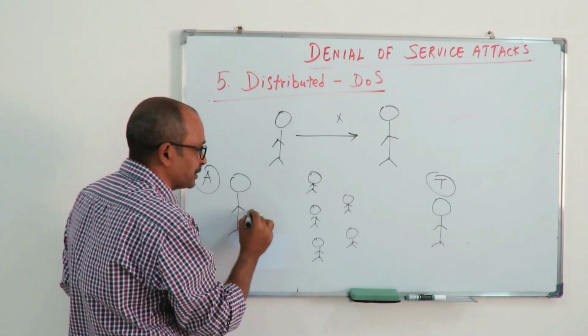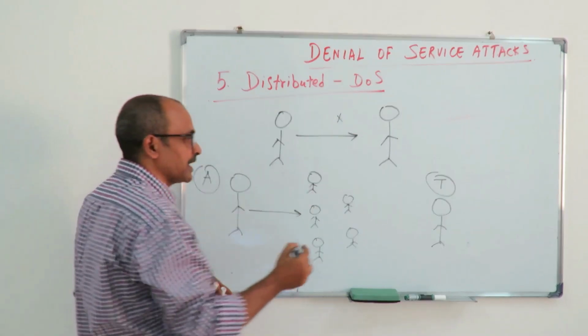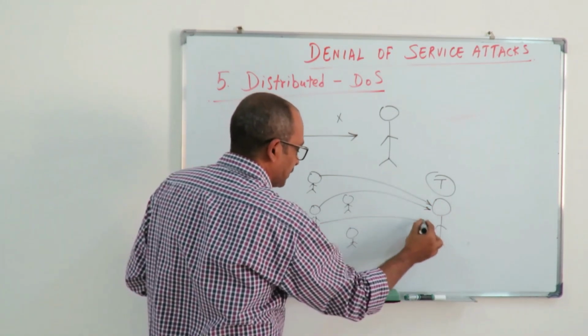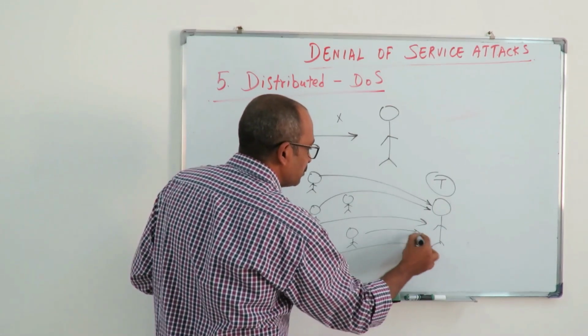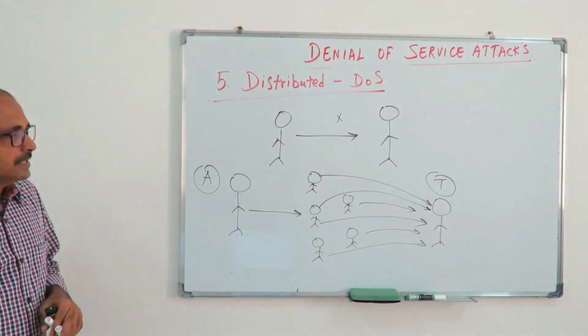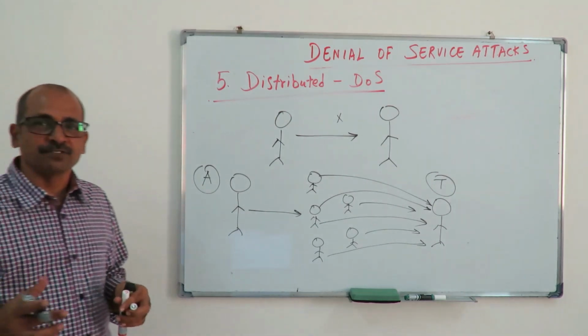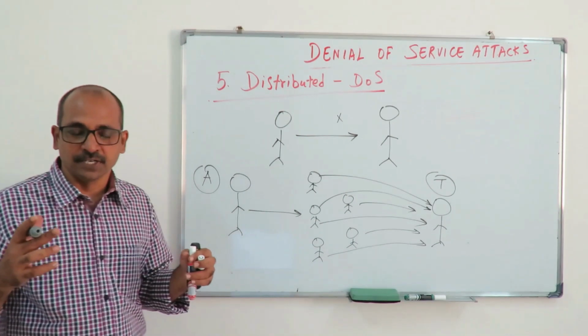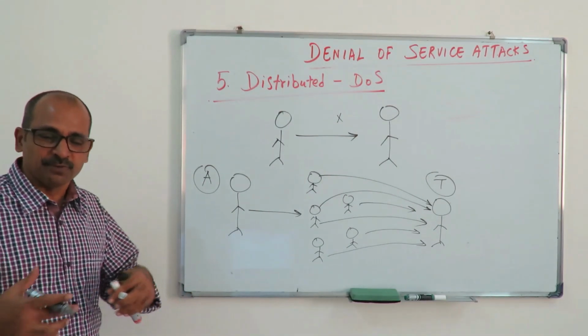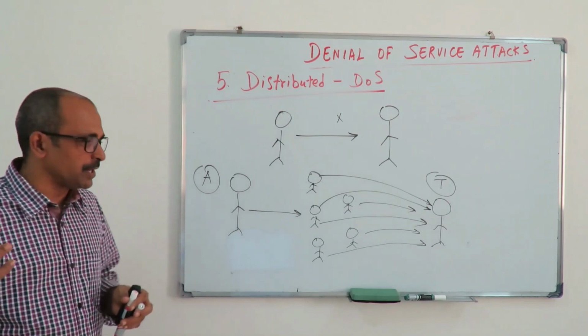Simply, I will give the instructions to them, and now everybody is going to attack this person. So this is called a distributed denial of service attack. Here the intensity of the attack will be very high. A huge number of packets will reach the target, like flooding.